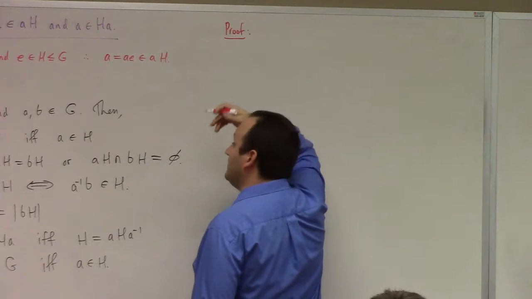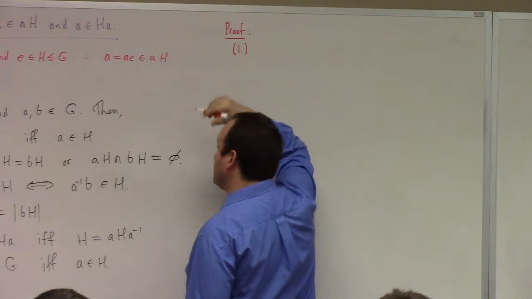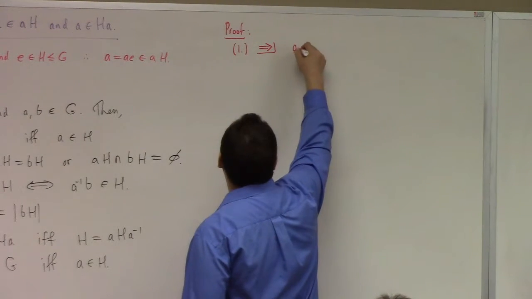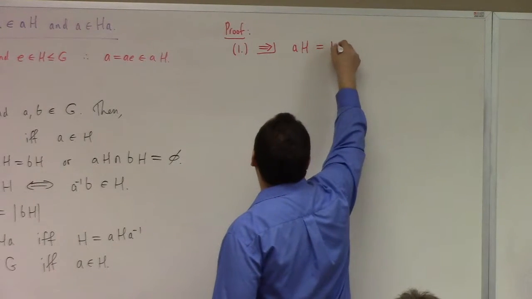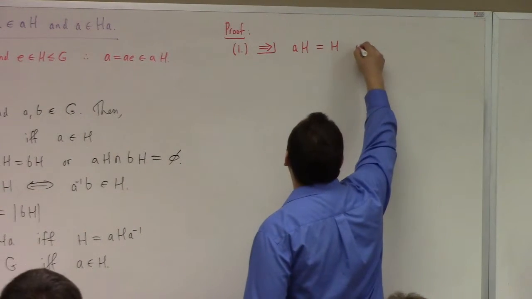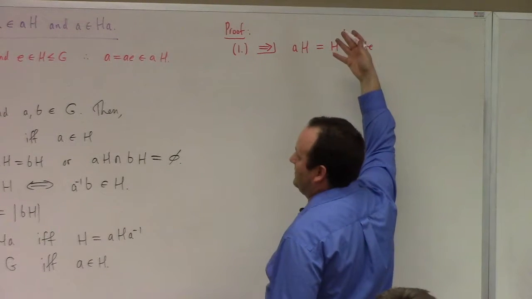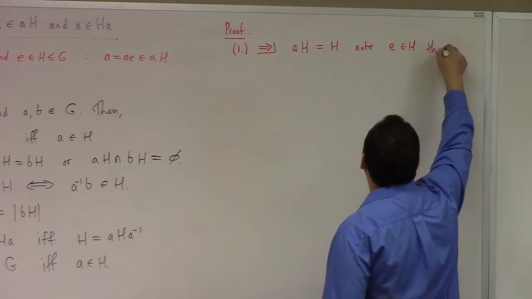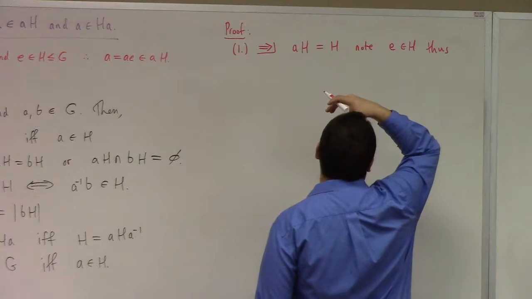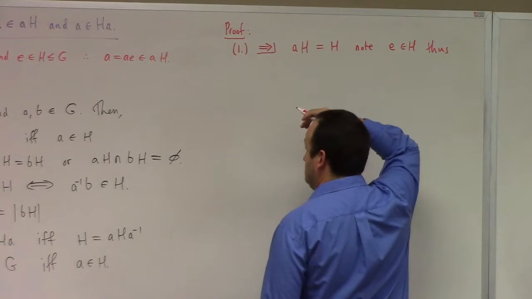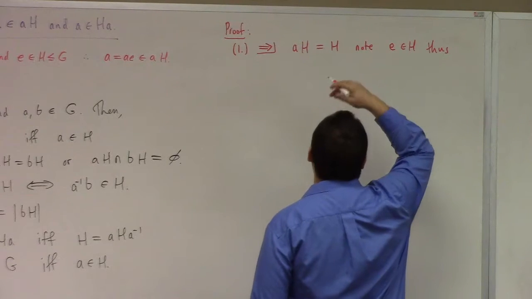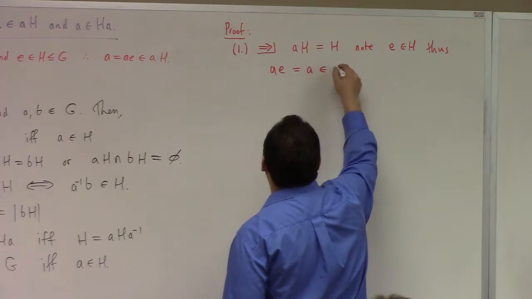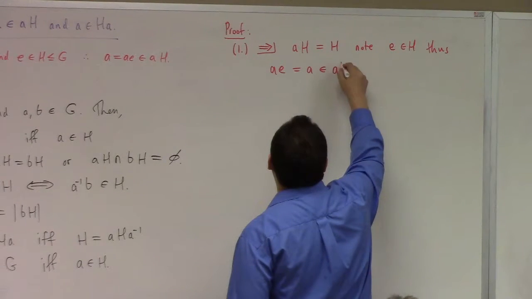Let's see here. One, if we do the forward direction, right, suppose aH is equal to H, right? Note, I think that's almost the theorem we already have, isn't it? e is an element of H, right? Thus, a times e, which is equal to a, is an element of aH, right?